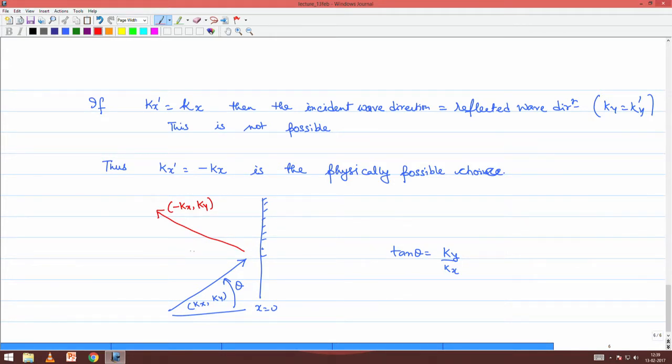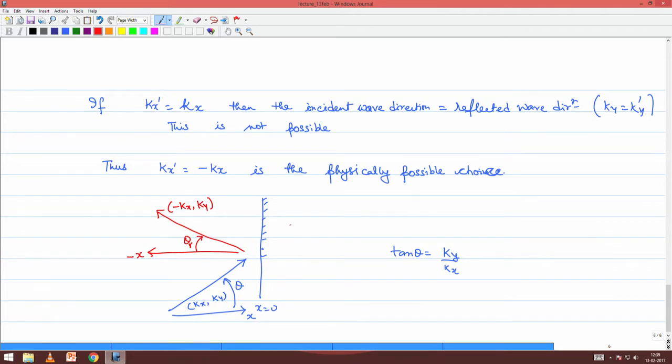So, therefore, the theta associated with this wave, okay, this theta is taken with respect to the minus x axis, whereas the theta that we took here was with respect to the positive x axis. So, let me call this theta r, so that we can distinguish. How will we calculate this theta r?